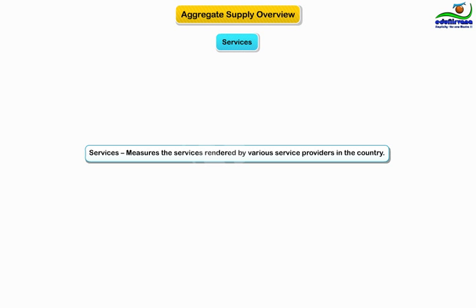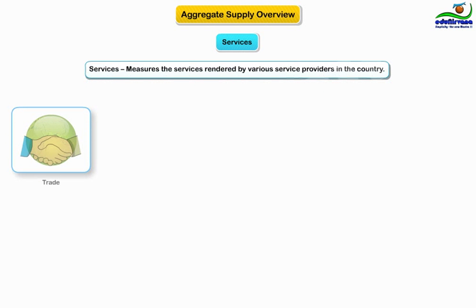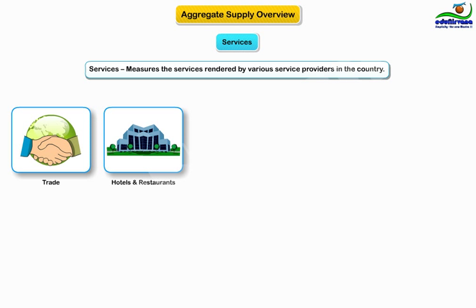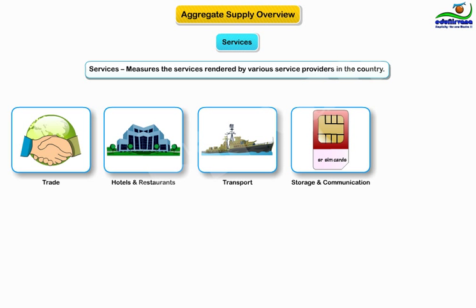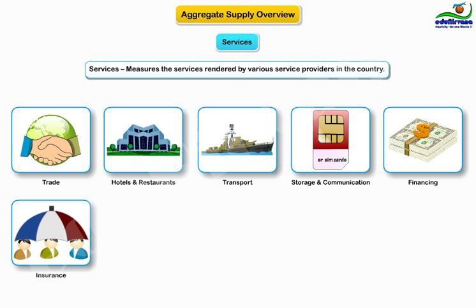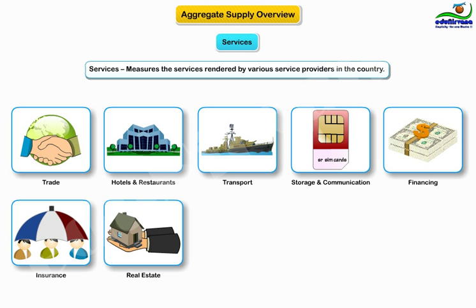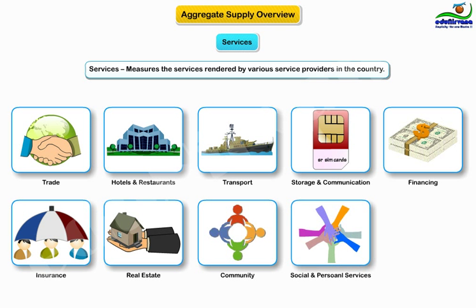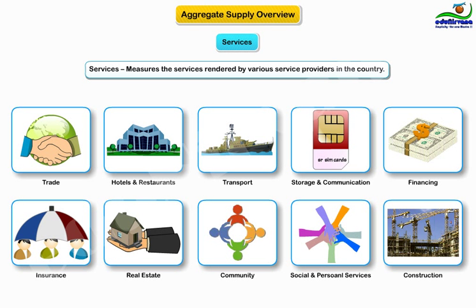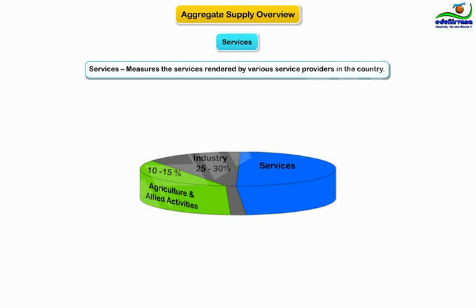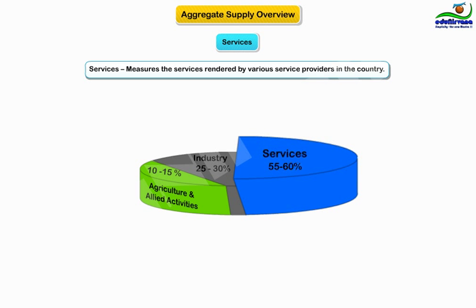The output generally consists of items like trade, hotels and restaurants, transport, storage and communications, financing, insurance, real estate, community, social and personal services, construction. The percentage share of this category in total output is close to 55 to 60%.